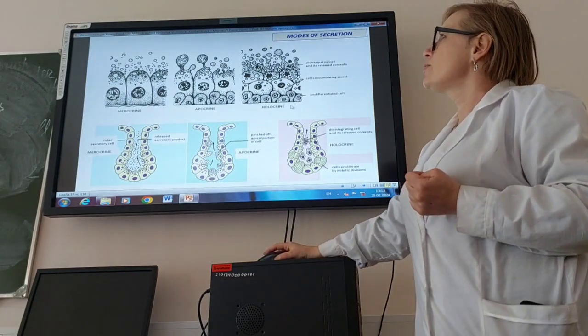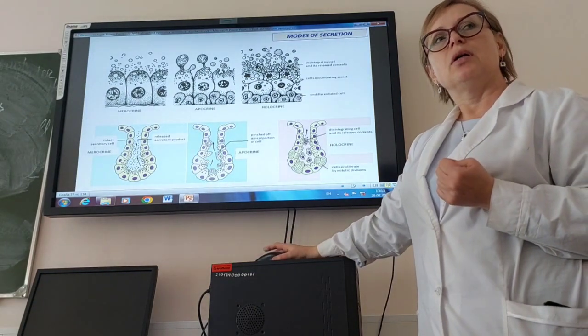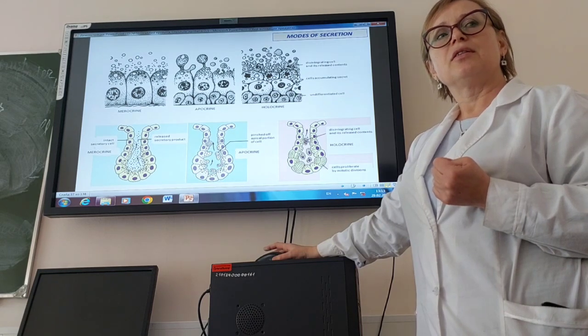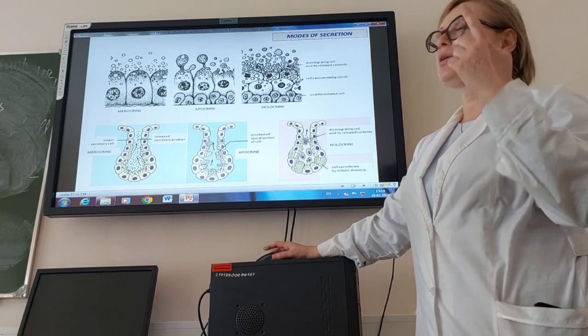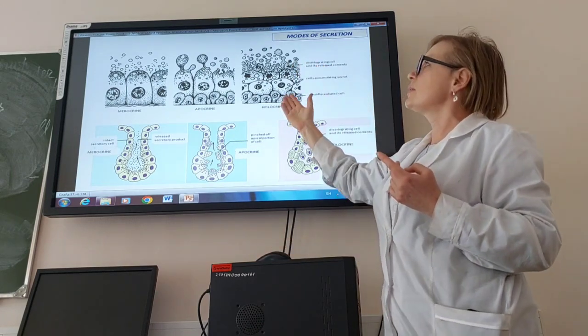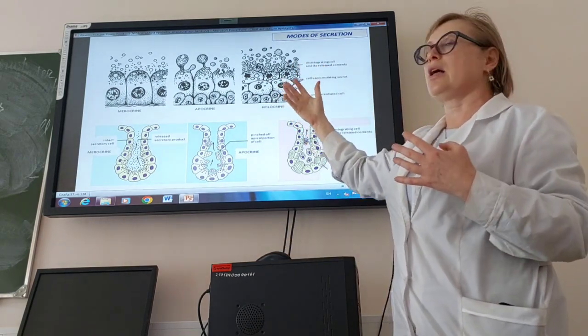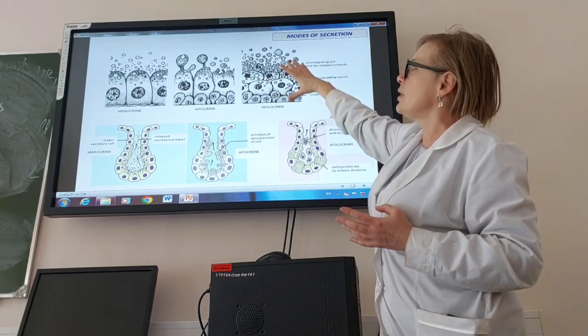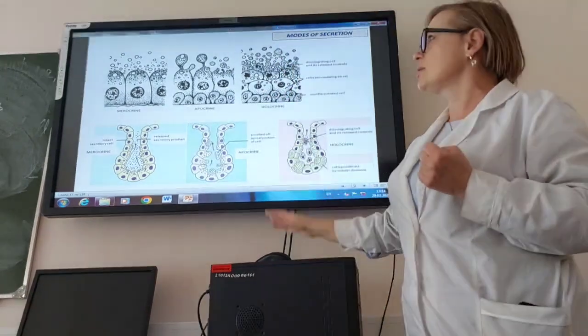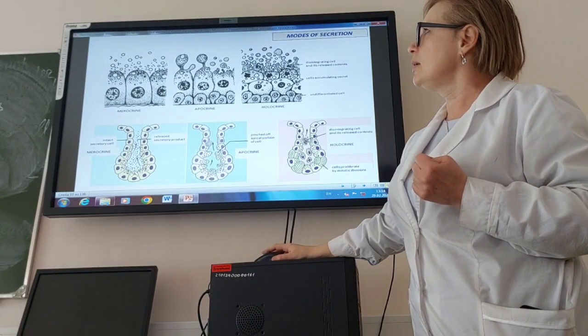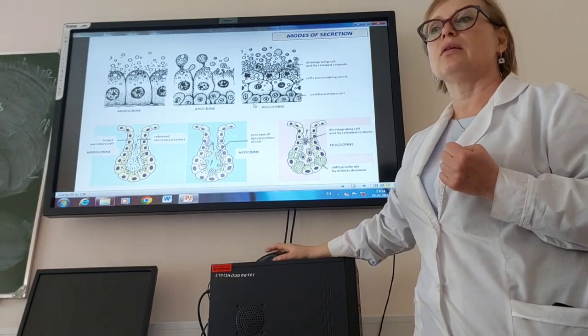Give an example of such a type of gland, because in such a type, if the cell dies, they should have a new cell. That's why such a gland usually consists of several layers. Here only one layer, this more than one.